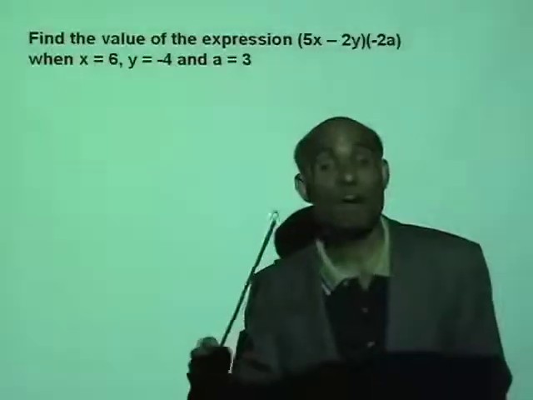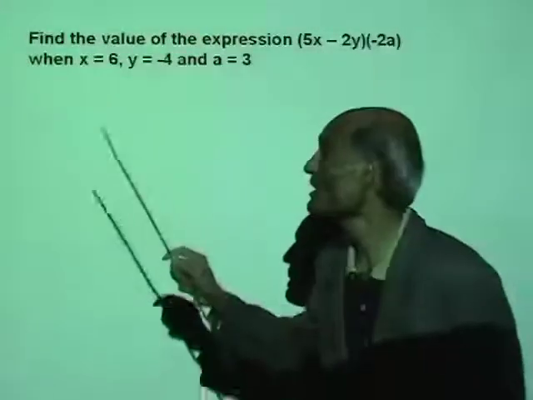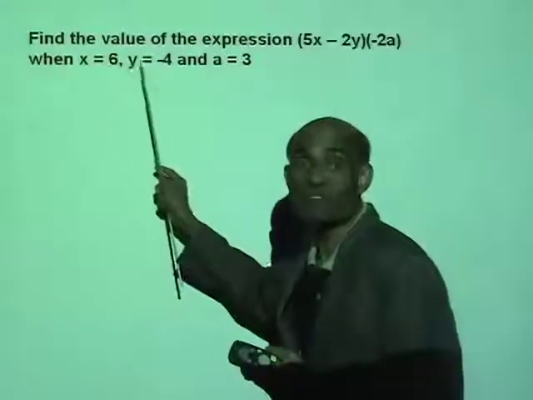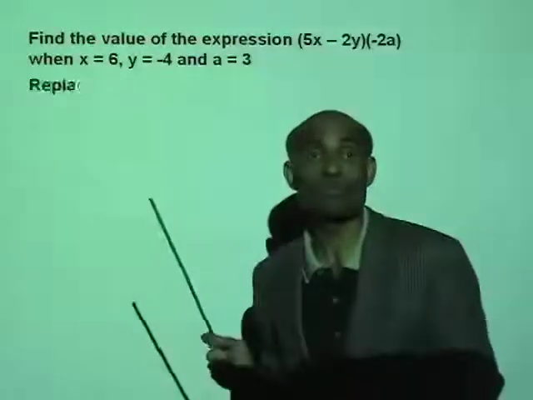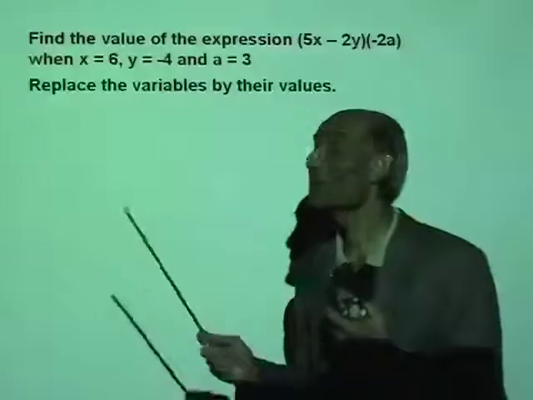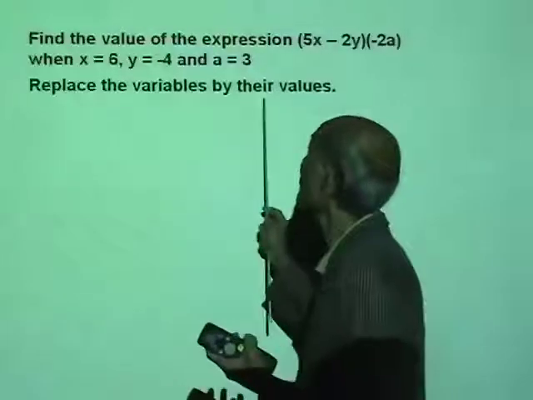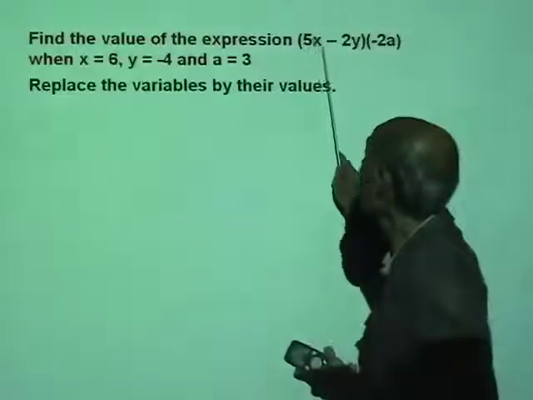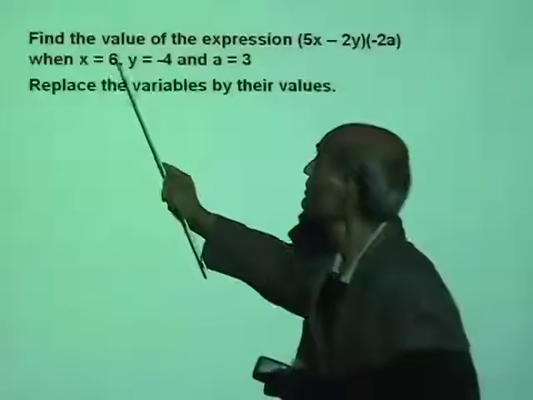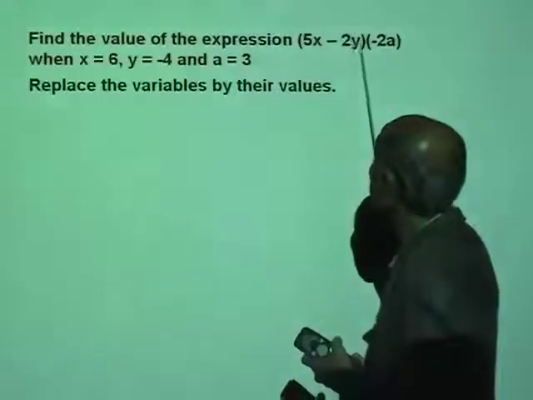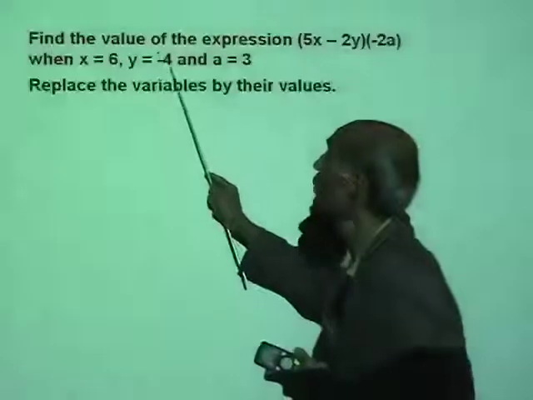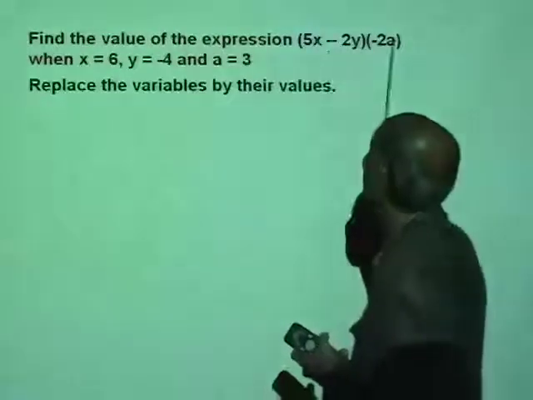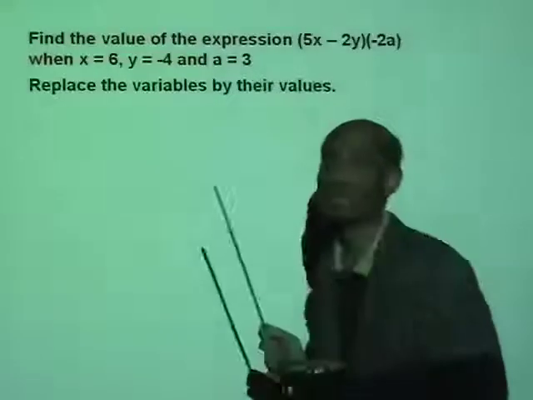We need to find the value of that expression using the given values of the variables. What do you do? You simply replace the variables by their value. In other words, replace this x by 6, replace this y by negative 4, and replace this a by 3.